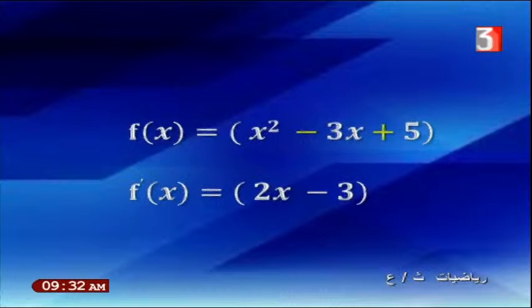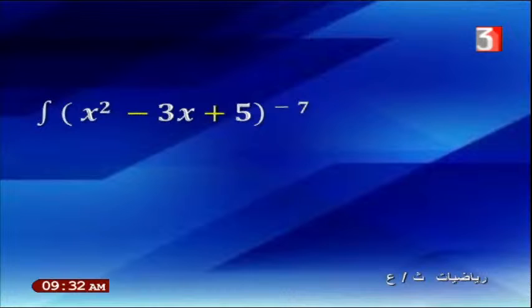Then we have the integration of (x power 2 minus 3x plus 5) all to the power negative 7 times (2x minus 3) dx. The bracket 2x minus 3 is the derivative of the function inside the two brackets, or the derivative of the expression x power 2 minus 3x plus 5.